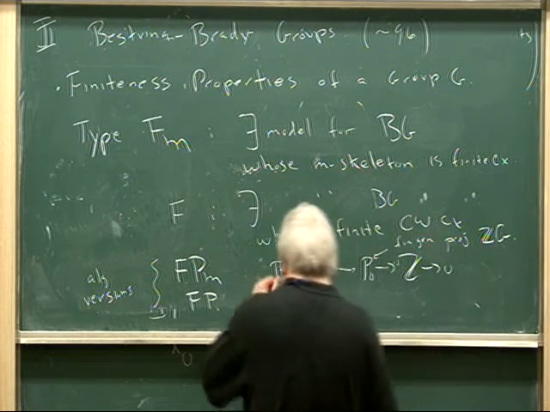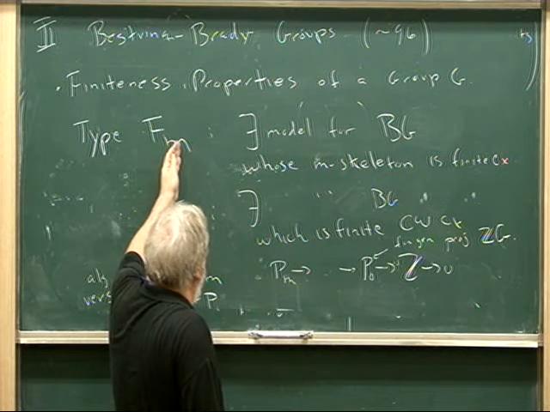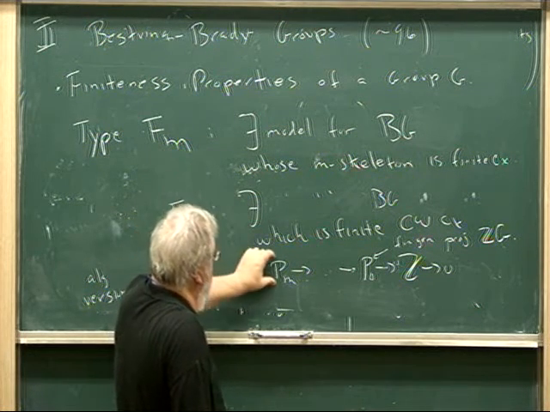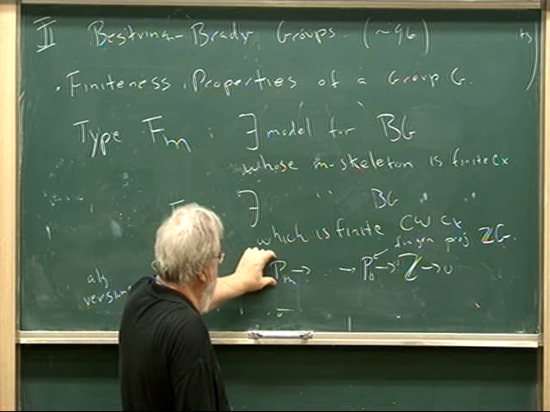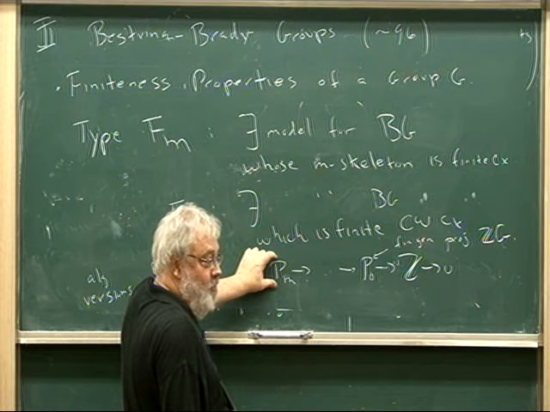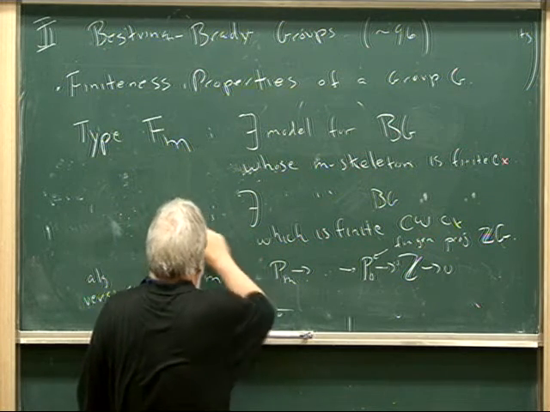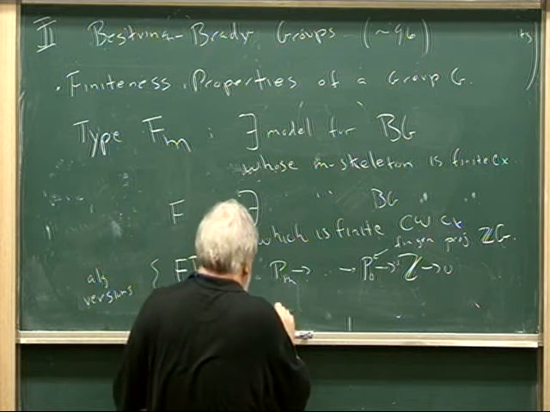For example, if you had something of type Fm, you could look at the chain complex, the cell complex, for its m-skeleton, and it would look like this. And these would even be free. Or FP is supposed to be the analog of this.